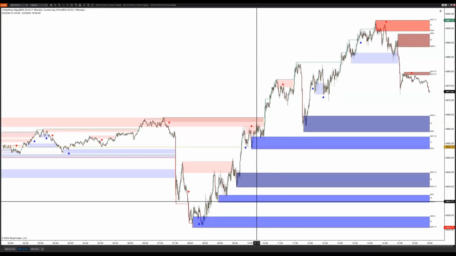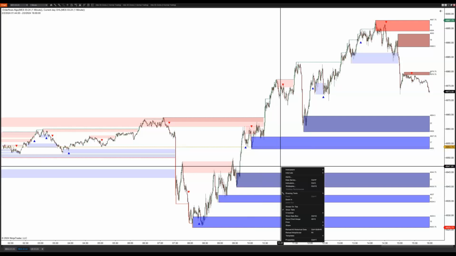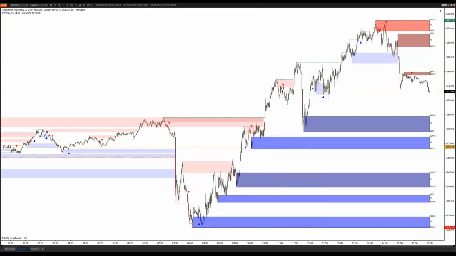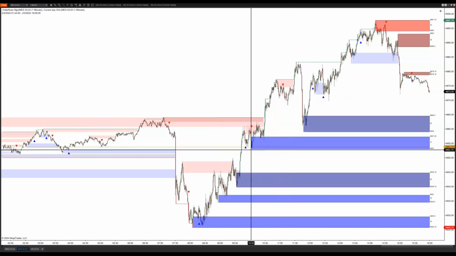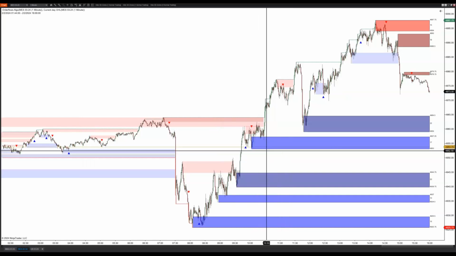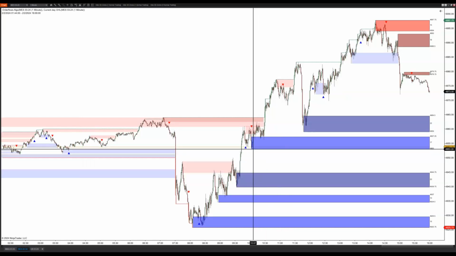Now, when we talk about pullbacks, okay, you can see here, there's some settings. Draw text. Zone end price is the stop price. Zone height just tells you how many ticks the height is. But the add-ons, right? Zone start price. So you can see here, okay, there's a zone being drawn here. 49.53.